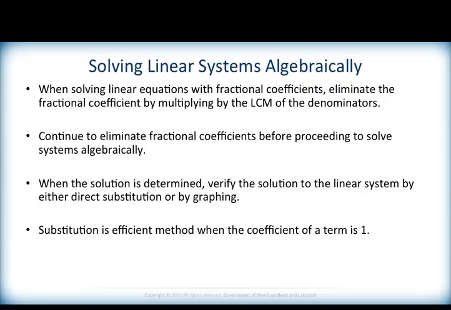When the solution is determined, verify the solution to the linear system by either direct substitution or graphing. Substitution is the efficient method when the coefficient of a term is 1. So we're actually going to look at an example now using substitution and how the process is going to be used to determine a solution.